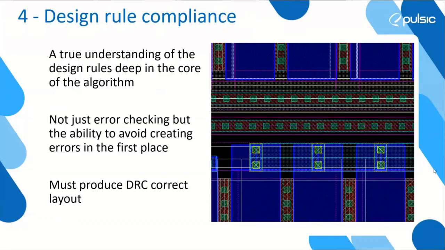And actually even most manual designers will draw a layout and then they'll run the checker and then they'll fix the errors and work that sort of loop. That is not going to work for analog automation. So the tool has really got to understand the design rules at a much, much deeper level.